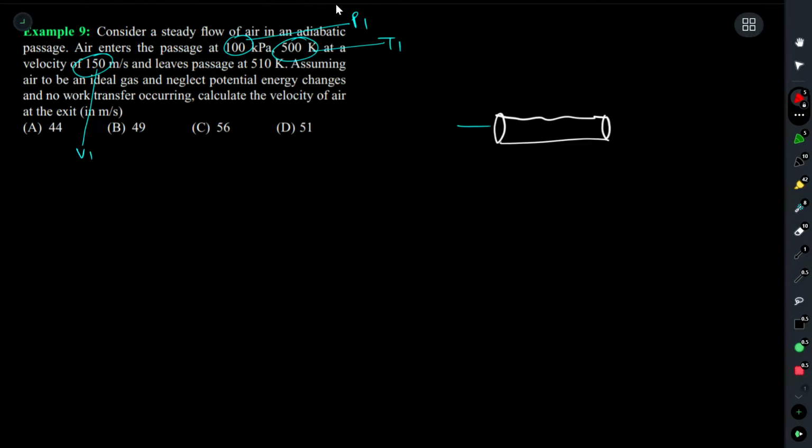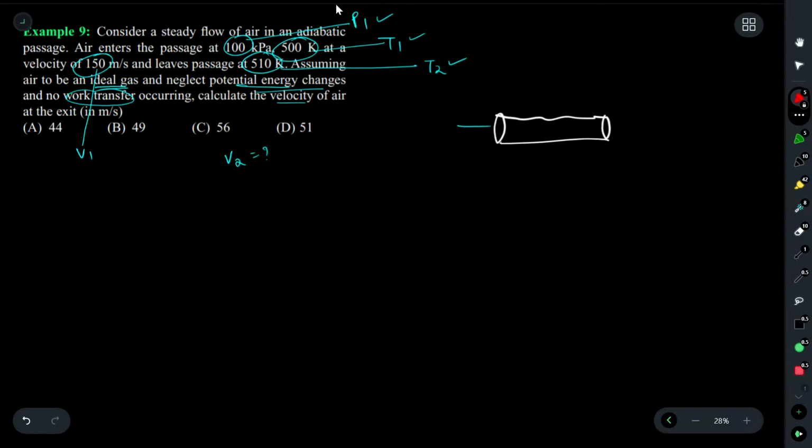And at the outlet, T2 is given. So P1, T1, V1 and T2 are given, and we can assume air is an ideal gas, so we can use the ideal gas equations here. We can neglect the potential energy changes and there is no work transfer also, so we have to calculate V2, the exit velocity.